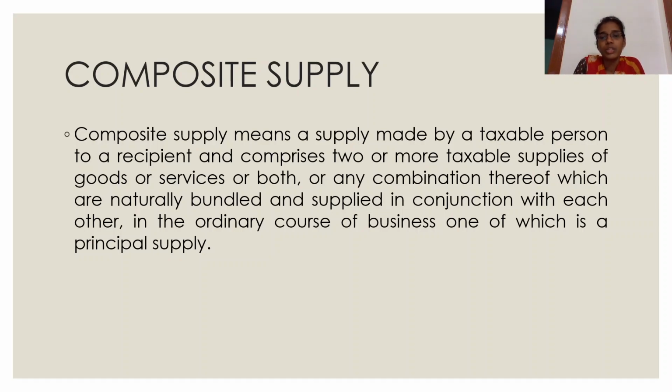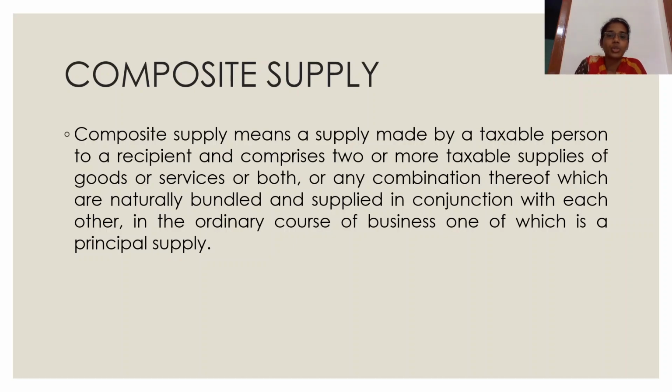When there is a combination of two or more taxable supplies of goods or services, or both, or any combination thereof, which are naturally bundled and supplied in conjunction with each other in the ordinary course of business, it is called a composite supply. In composite supply, it can either be a combination of goods or services or a combination of both. If it is all naturally bundled and supplied, then we call it a composite supply.